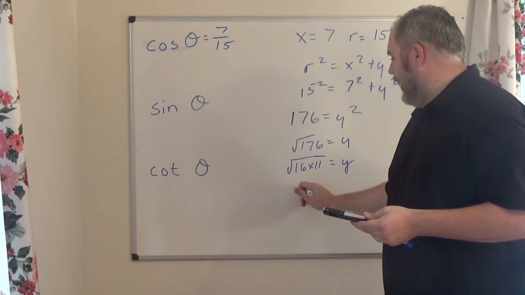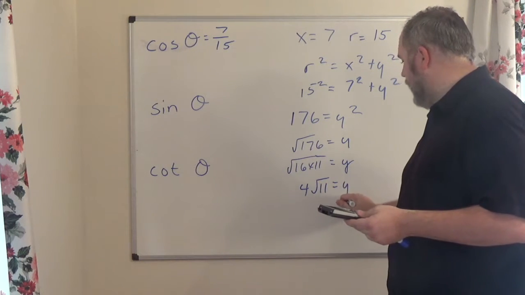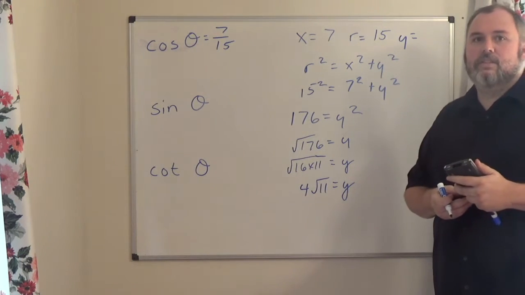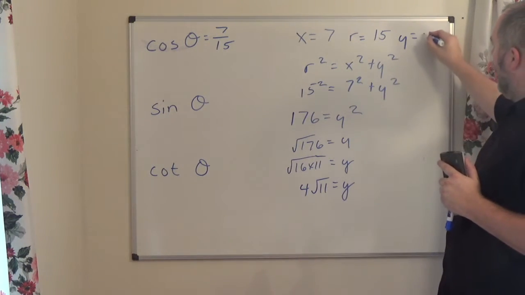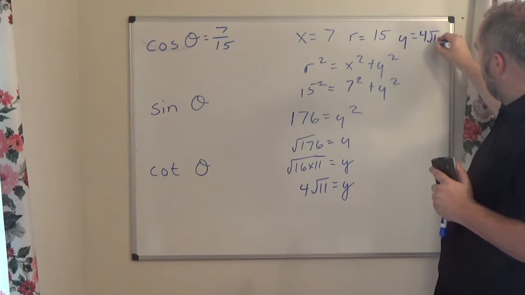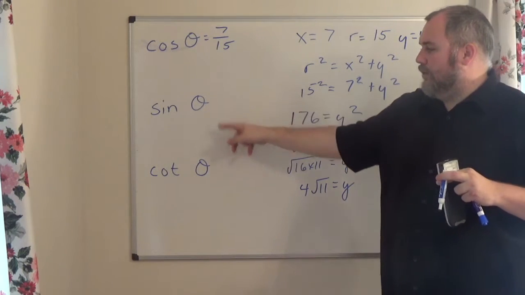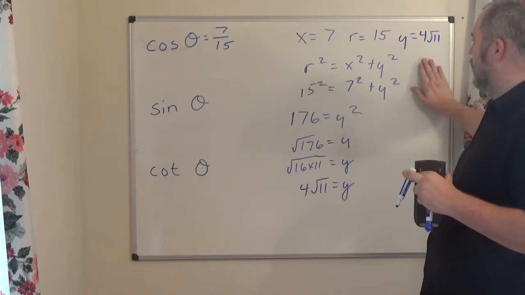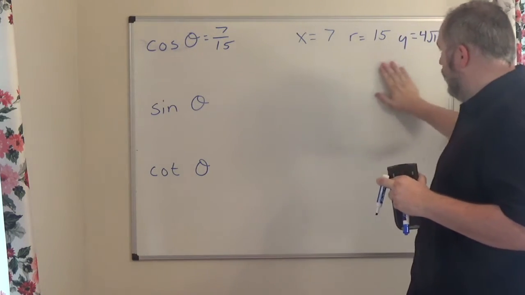We can factor this out to say 4 times the square root of 11 equals y. So that is what we just discovered. Our x is 7, our r is 15, and our y is 4 times the square root of 11. Alright, now, our job is to find out what the sine and cotangent are. So I'm going to erase all this in case we need some extra room to work.